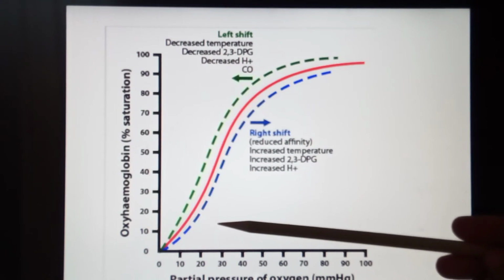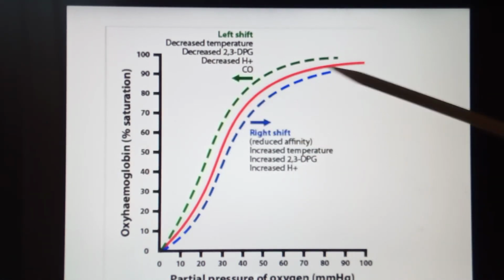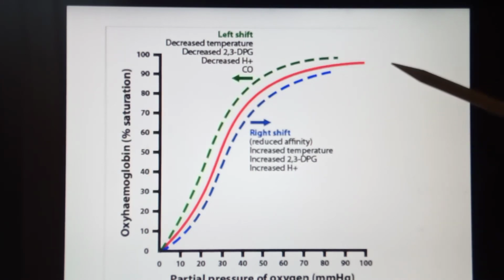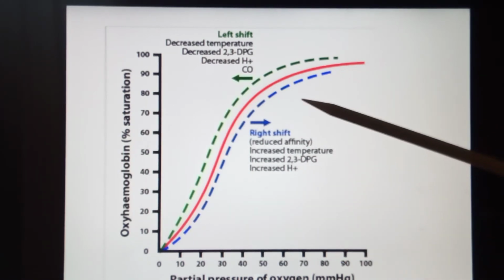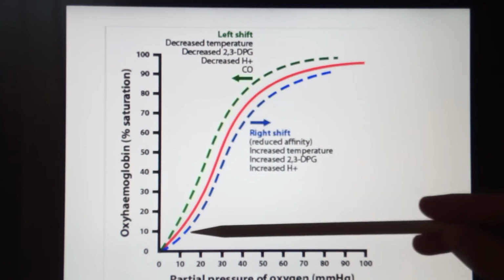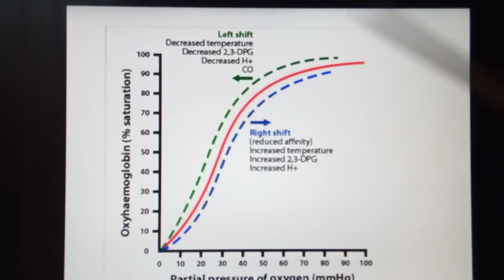When the hemoglobin is attached with all the oxygen, it becomes 100% saturated, and the graph shows a straight line. So this is the basic sigmoid graph. But what is the blue line? When you see the blue line, it is shifted to the right. Why it shifts to the right, I will explain.